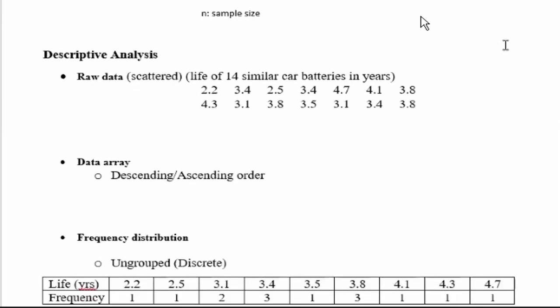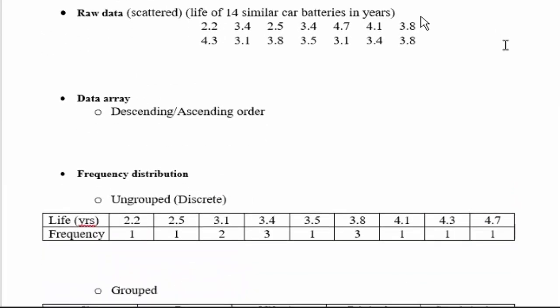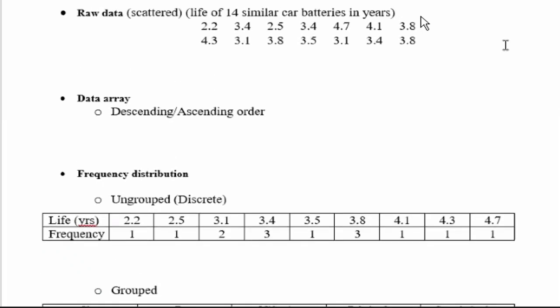Then we can come to the descriptive format of using data. Now, for an example, these are 14 data points which represent the life of 14 car batteries manufactured by a company.